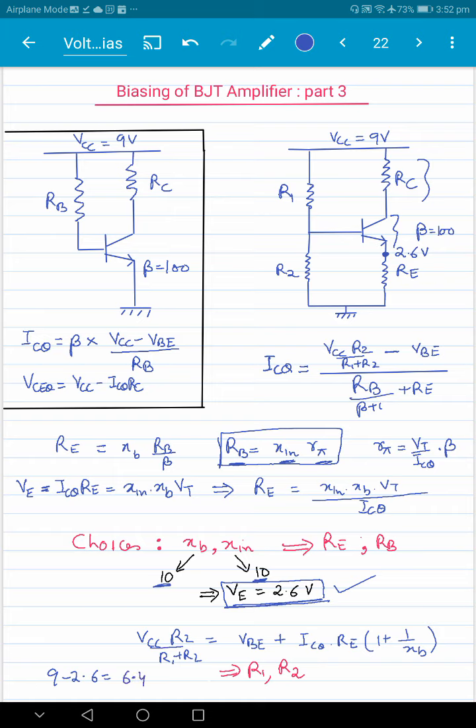So half of it: we'll put 3.2 here and we'll put 3.2 here, right? And so that completes the design. So 3.2 is VCEQ and 3.2 is the drop across the resistor RC. We already know ICQ, and ICQ RC is 3.2, so we will determine the value of RC here. Okay, so that's how we end up creating a design for the voltage divider bias.